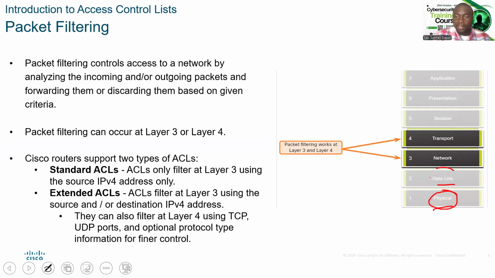Data link deals with basically your switches, and it has 2 sub-layers: the logical link control and the media access control. The device that works there is the switch. Then the network layer, the device that works there is basically the router.